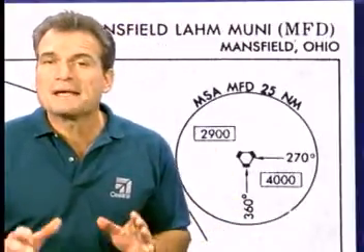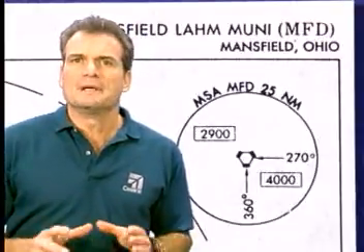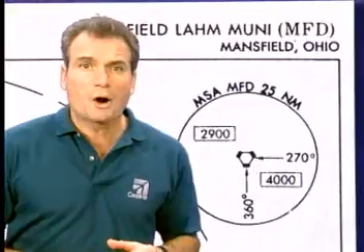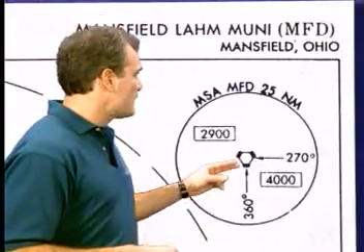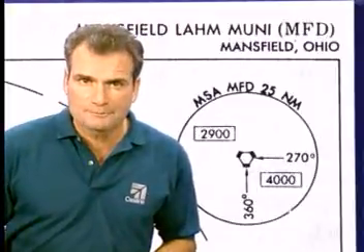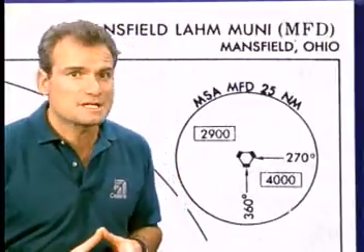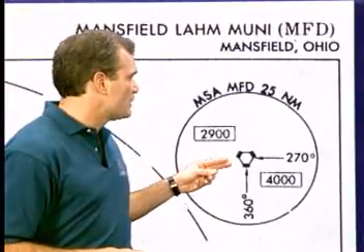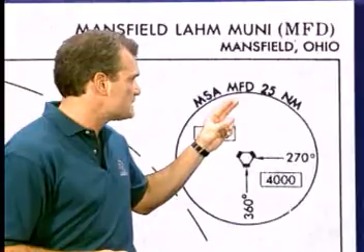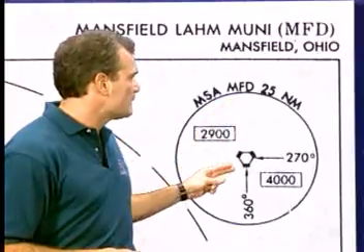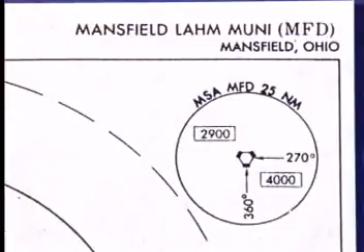Unfortunately, though, the MSAs do not come with any navigation signal guarantees. The minimum safe altitude sectors are normally divided based on bearings to the nav aid used for the approach. In this case, the nav aid being used to define the MSA sectors is the Mansfield VOR, and you can tell that by the three-letter identifier MFD above the circle and the VOR symbol in the center of the circle.